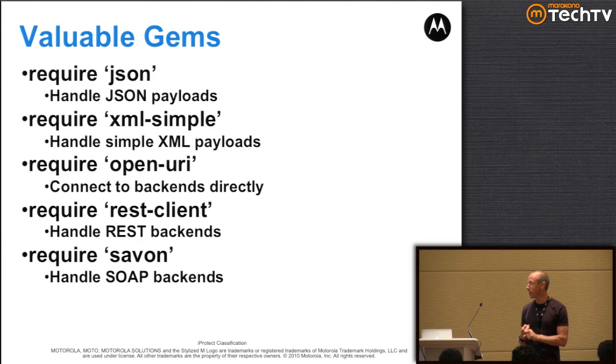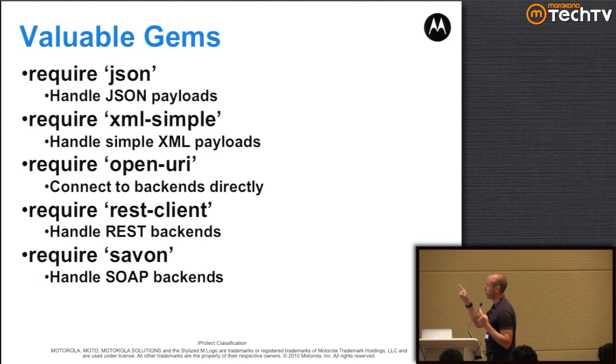And then there's Savon for SOAP. There's also Nokogiri for large amounts of XML data. So if it's not SOAP, so you're not using Savon, and it's a large stream of XML data, XML simple can be a little too slow, but XML simple is a beautifully simple API.